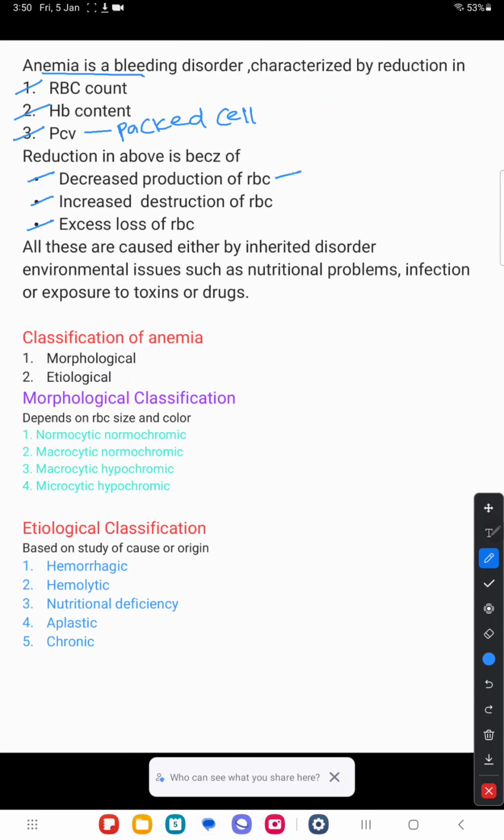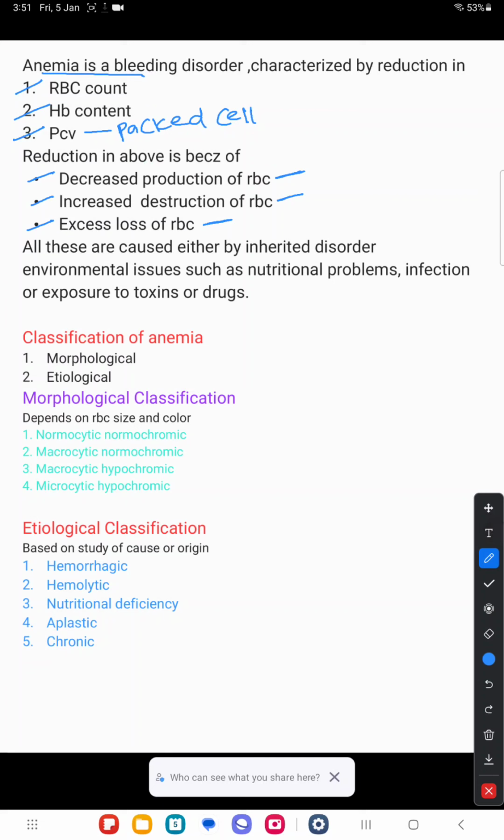Decreased production of RBC is mainly seen during any bone marrow diseases, and increased destruction of RBC is seen in any diseased conditions or due to intake of any toxins that cause hemolysis of RBCs. Excess loss of RBC is seen in injuries or accidents, and in such cases we can see the reduction in these contents.